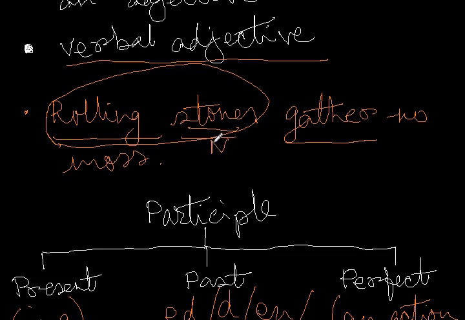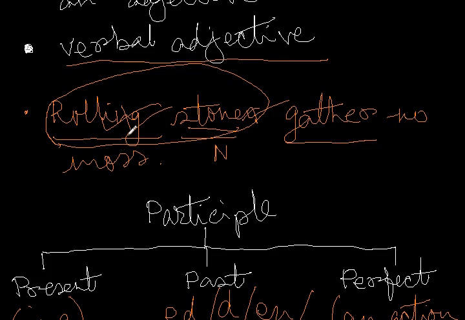Now, as we know, the word that describes a noun is an adjective. Now think about it. Which is the word in this sentence that describes the noun stones? Of course, we are going to get the answer rolling. So, rolling, though it looks like a verb, does the job of an adjective as it describes the noun stones.